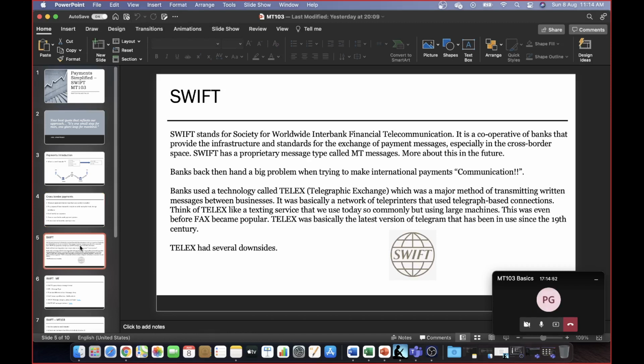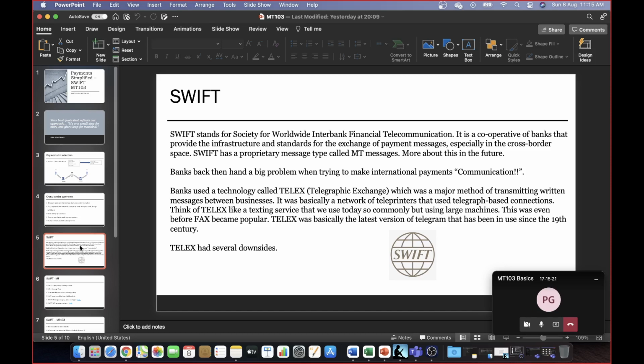To make cross-border payments, there is something called SWIFT, which is the Society for Worldwide Interbank Financial Telecommunication. It is like a cooperative of different banks that was introduced to ease the communication between two banks from different time zones and different countries.